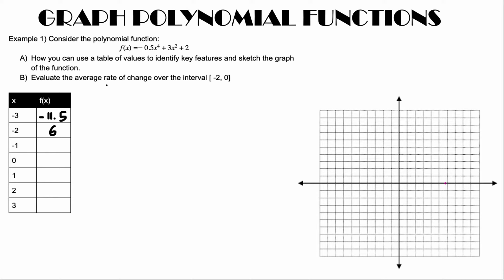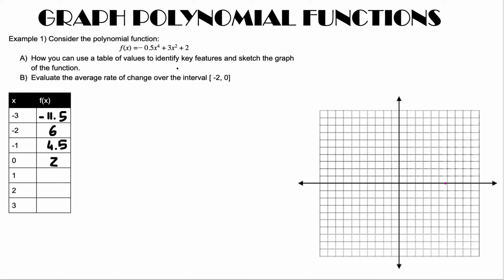If we plug in -1, positive 1 times -0.5 is -0.5, and 3 times (-1) squared is 3, plus 2 is 5, minus 0.5 is 4.5. So f(-1) is 4.5. If we plug in 0, it's going to be 2.